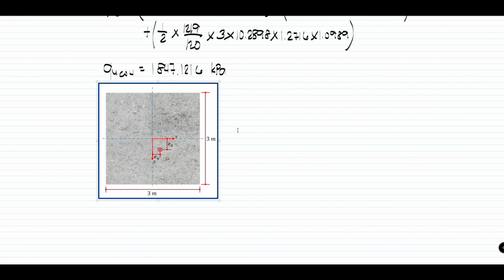So, kasi cohesive yung soil. Kung cohesionless, automatic, ang gagamitin nating equation is 1 minus square root ng EX over B. So, dito, kung ano yung parallel sa kanya, yun yung ratio na kukunin. So, 3 tsaka itong EX. So, that will be yung EX over 3. So, yung EX natin is 0.8 divided by 3.